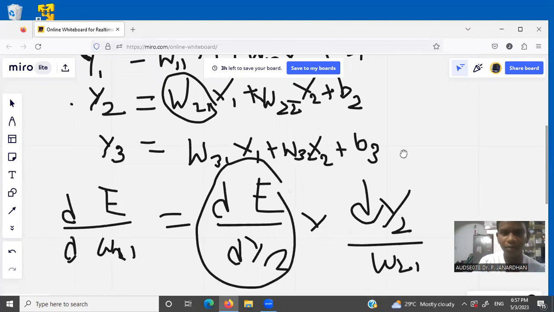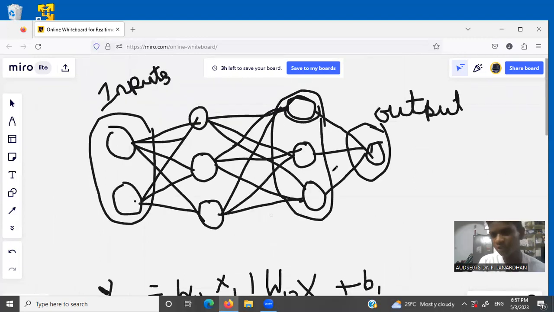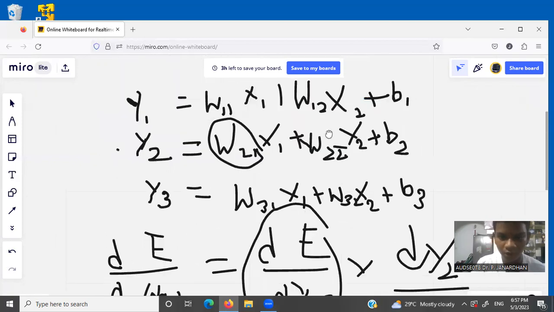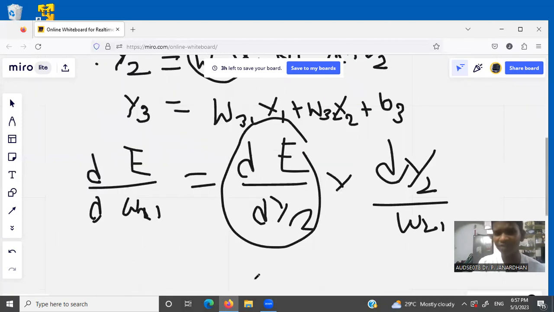In the back propagation, each neuron's output will be sent back, and the value is the derivative of each neuron's output with respect to the loss function. This value is the input to this layer, so we already have it, and we multiply that by the derivative of y2 by w21.